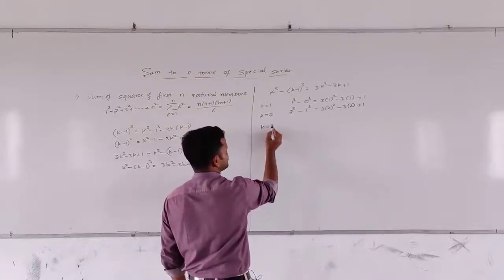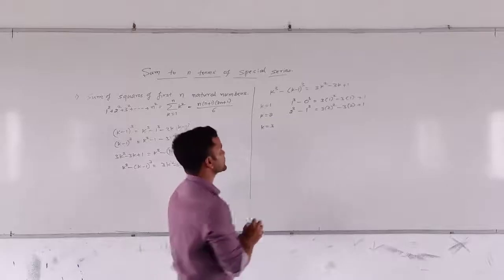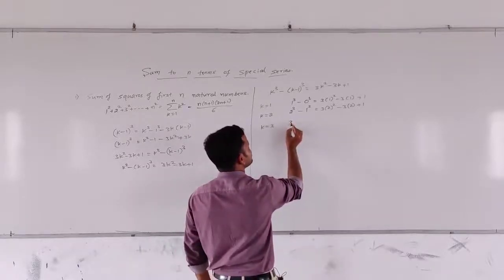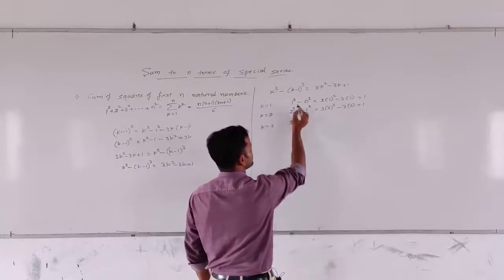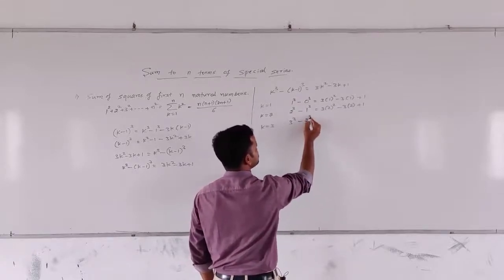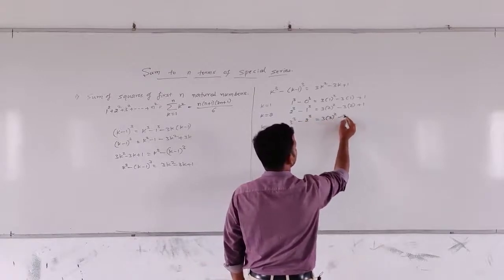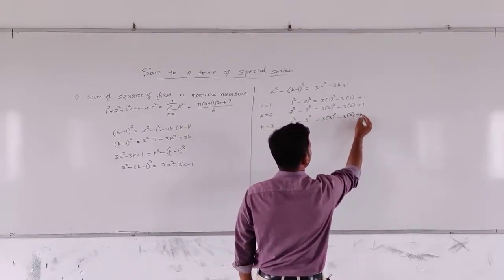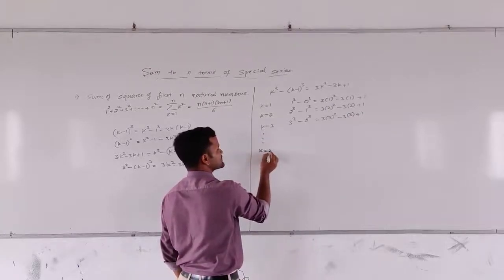Next you substitute k equal to 3. We are substituting all the natural numbers here. K equal to 3, if you substitute, this expression becomes 3 cube minus 3 minus 1, 2 cube, which is equal to 3 into 3 square minus 3 into 3 plus 1. So on we are substituting all the natural numbers.